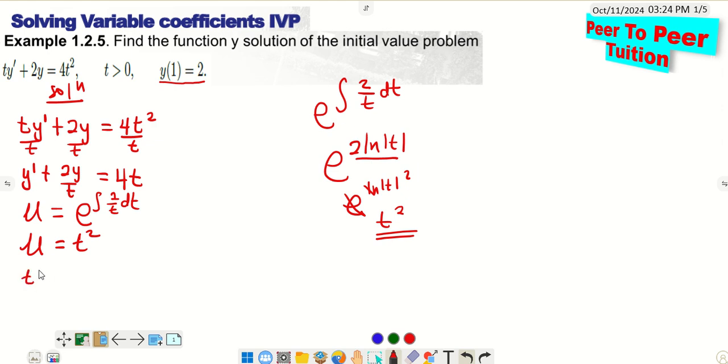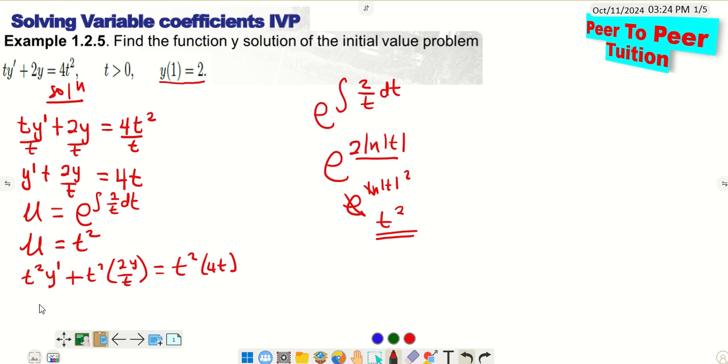So I'll get t squared y prime. Then I'll also multiply here by it. So I'll get plus t squared multiplied by 2y over t. Then should be equal to t squared multiplied by 4t.